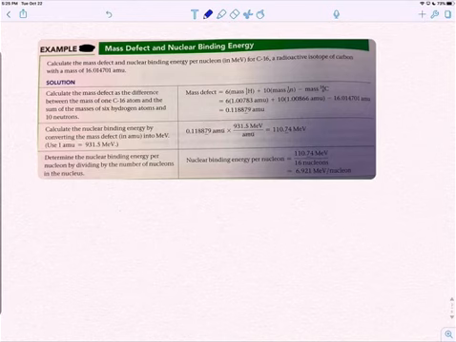The number of neutrons is 16 minus 6, or 10. And those are the resting masses of a proton and a neutron: 1.00783 atomic mass units and 1.00866 atomic mass units. Notice that a neutron is slightly more massive than a proton, because a neutron, among other things, is kind of like a proton plus an electron.